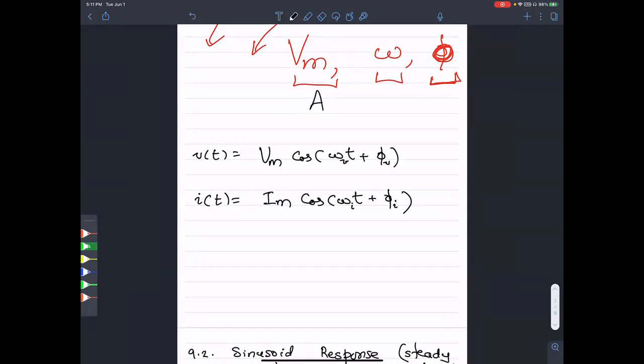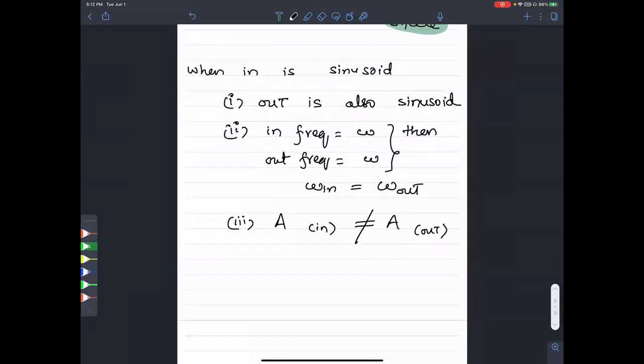So in effect, these terms, the peak values, when I want to represent them, I like to call them amplitude. And the idea is the input amplitude may not be the same as the output amplitude, and the input phase may not, in most cases, be the same as the output phase.